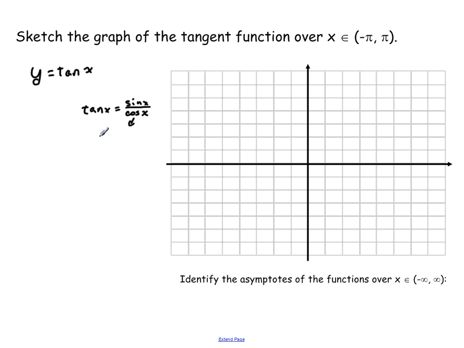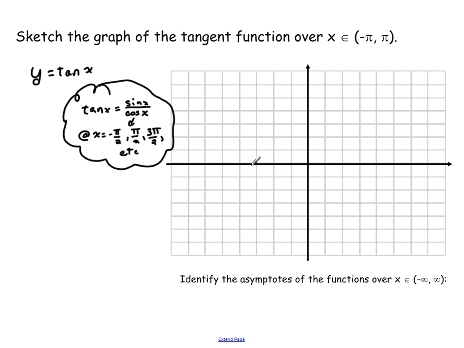We said that cosine of x is equal to 0 at x equals numbers like negative pi over 2, positive pi over 2, 3 pi over 2, and other odd multiples of pi over 2.